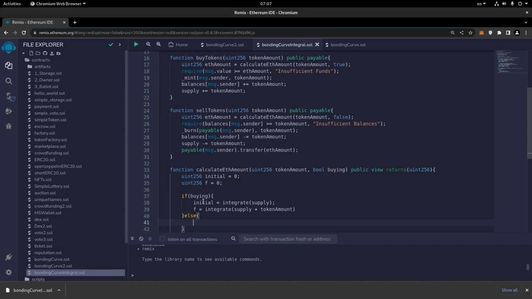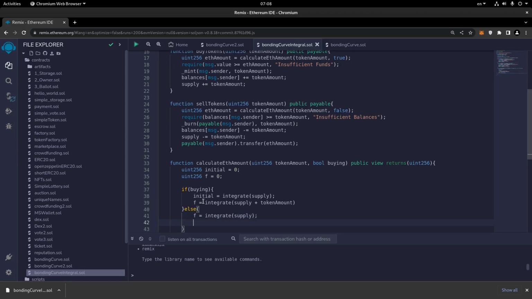We want to write the initial equals to the... so first of all, let me define the f value. F equals to the integrate. So you will understand. Don't worry if you don't get it up to now, because I'm not sure if you got it or not, but you will understand.